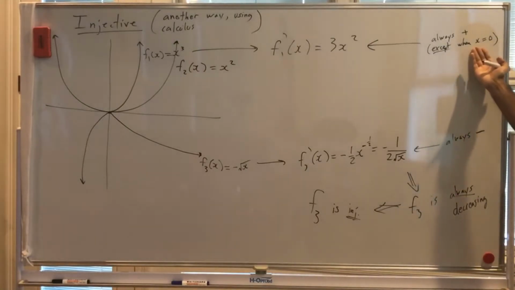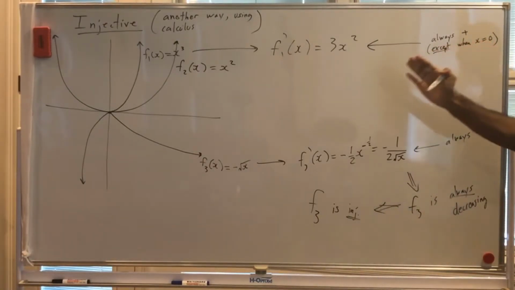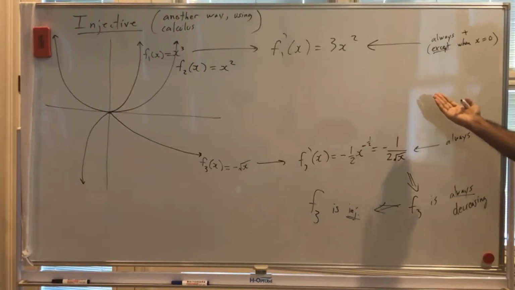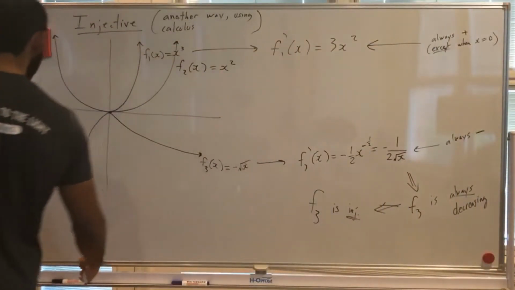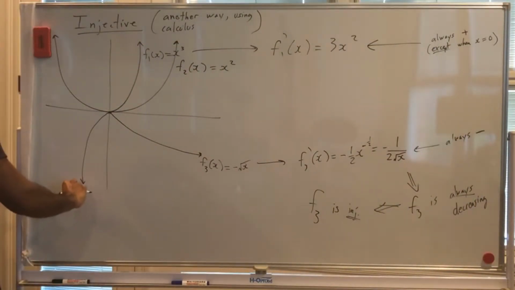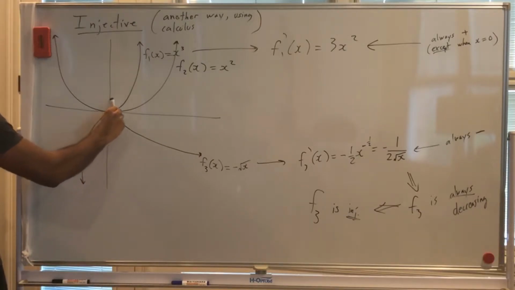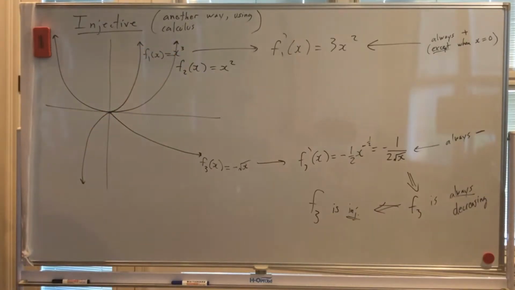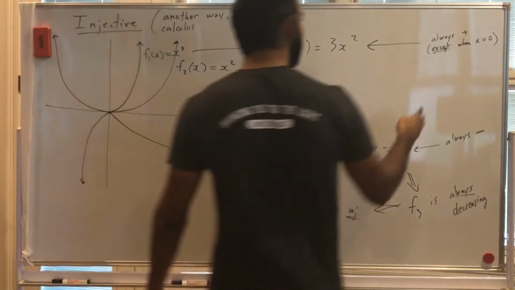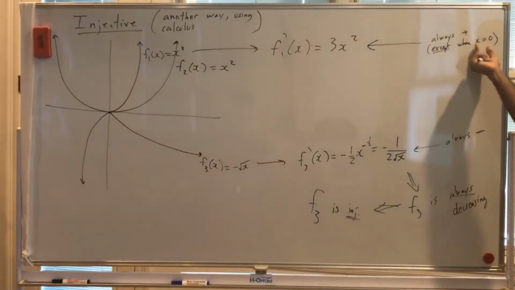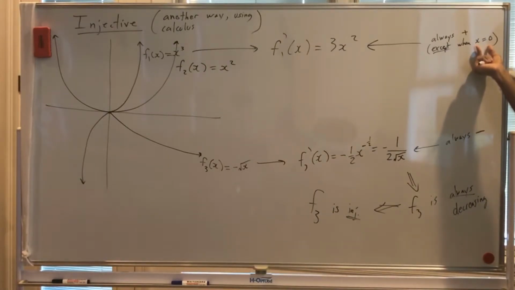But the fact that it equals 0 doesn't mean that it's not always increasing from left to right. Go over to the shape, go left to right. You are still always on the up and up for x cubed. The fact that it's 0 in one place doesn't matter because 0 doesn't represent a transition from increasing to decreasing or decreasing to increasing.